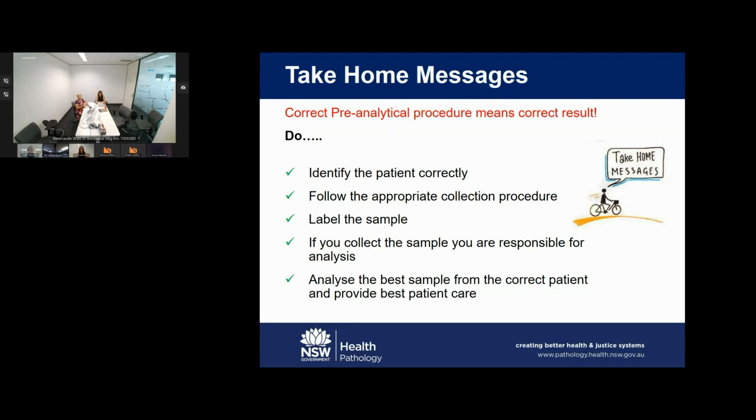So even more so for point of care, we really do need to be diligent with checking it at all stages. That's my take-home message to everyone, particularly for point of care devices over and above blood gas machines, which I think do verify the sample.